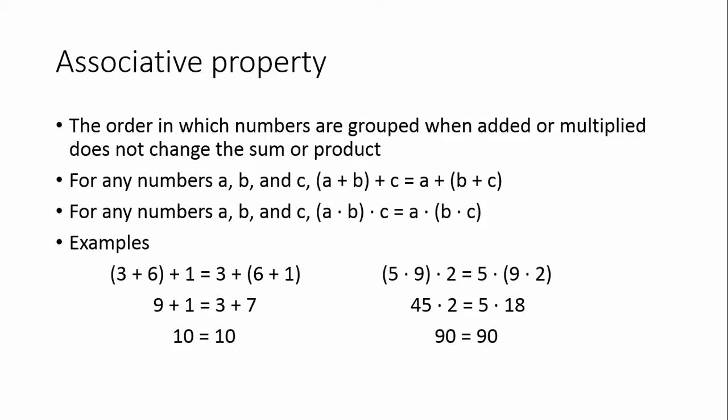On the left-hand side, we did 5 times 9 times 2, that's 45 times 2, or 90. And on the right-hand side, 9 times 2 first is 18, 18 times 5 is also 90. And one thing with the associative property is typically you will see a set of parentheses, and that helps tip you off that we are dealing with the associative property.